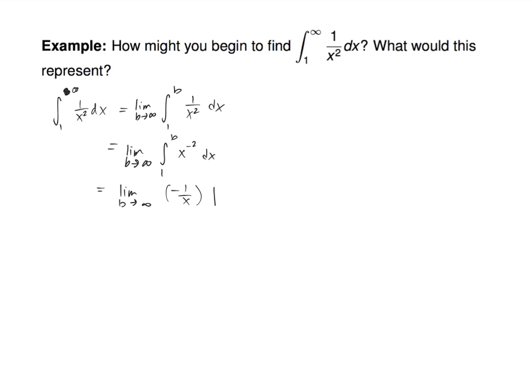That's evaluated from 1 to b. So you've got the limit as b goes to infinity of negative 1 over b plus 1 over 1. So what is that going to equal? As b goes to infinity, negative 1 over b goes to 0. So this is going to go to 1.